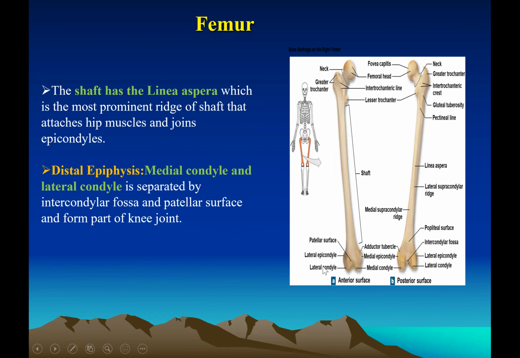So distally, you can see the medial and lateral condyle, the patellar surface for the articulation with the patella, and above the condyles, you can see the medial and the lateral epicondyles. In the posterior view, you can see the intercondylar fossa. So these are the main bone markings that are involved in your knee joint.